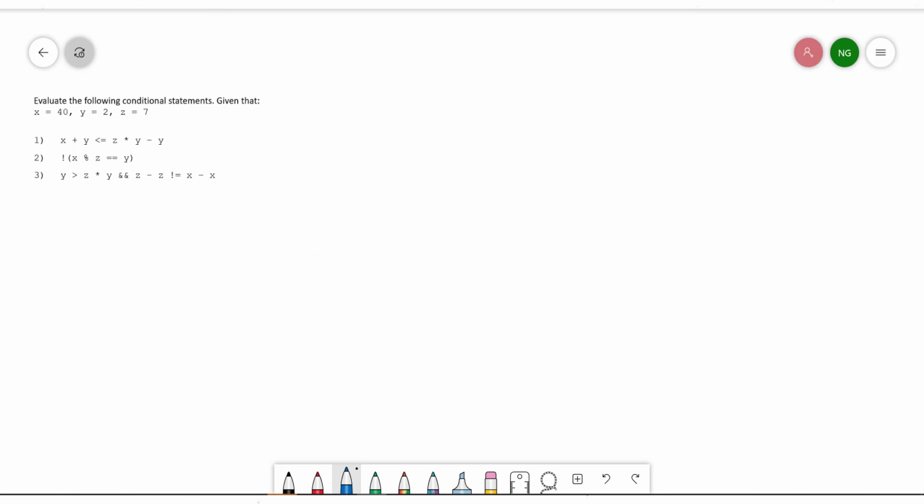Alright, so let us move on to the last question. So the last question says that y more than z times y ampersand z minus z not equals x minus x. So this seems a bit complicated, right? So always do your operations first and then your comparison last. So the comparison here would be this, and also this.